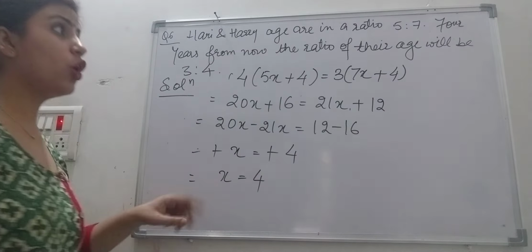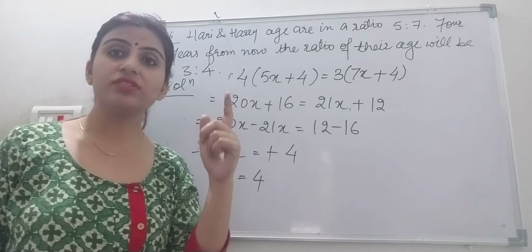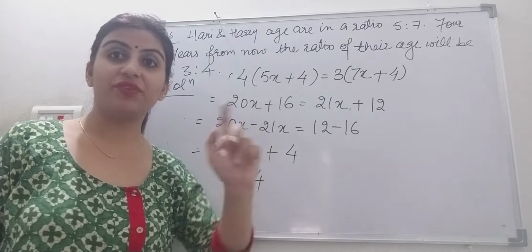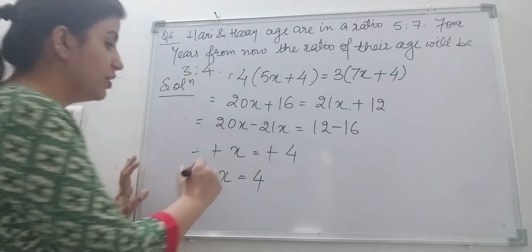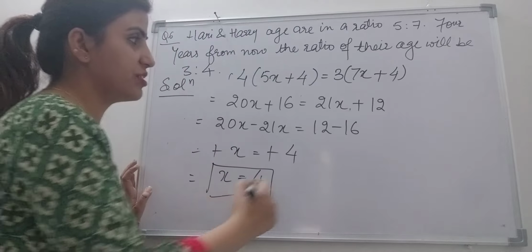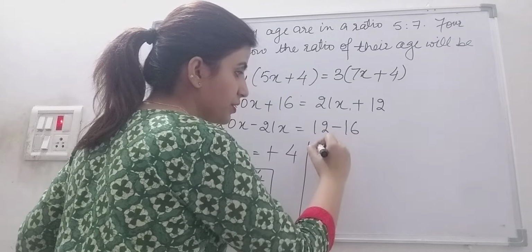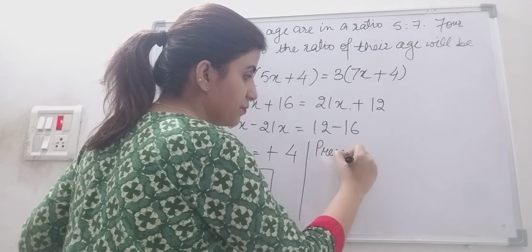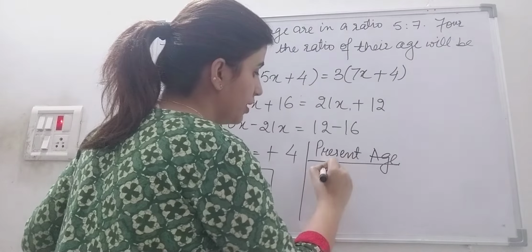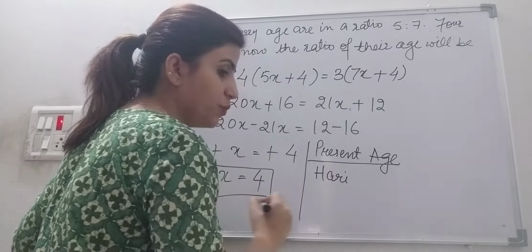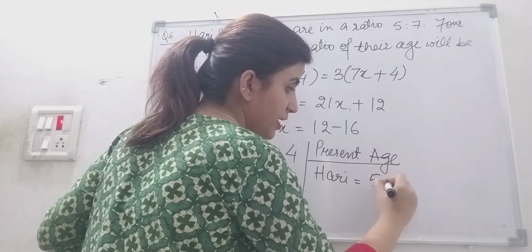Now I have got the common multiple which we supposed, 5x and 7x. The x value I have got is 4. Now they asked what are their present ages. For present age, first I will calculate for Hari. It was 5x.